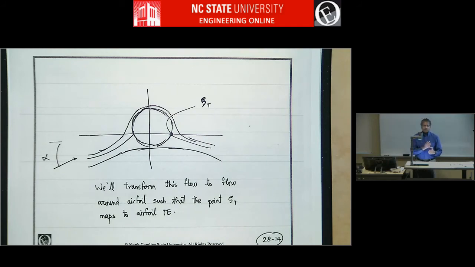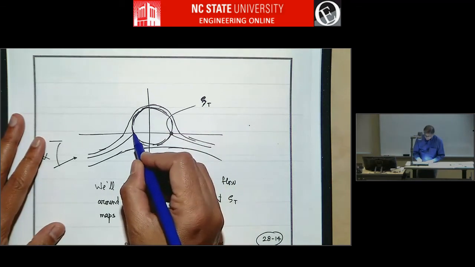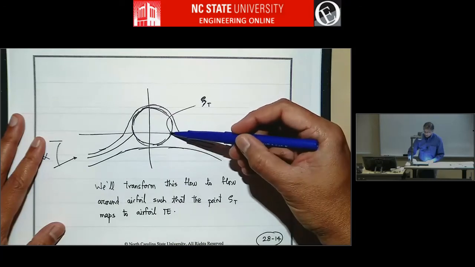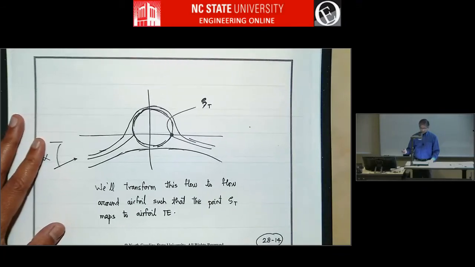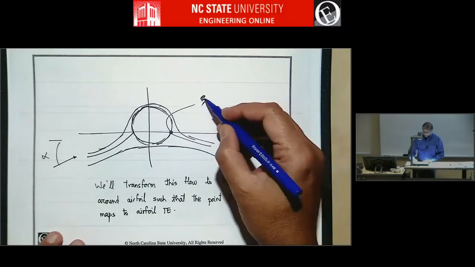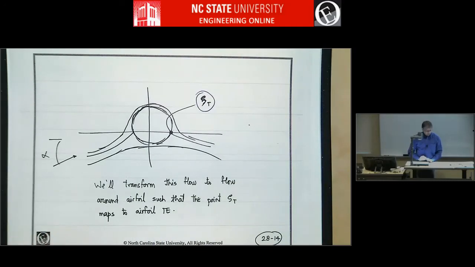It's free stream U infinity plus doublet plus vortex. And you get two stagnation points, right? The rear stagnation point is the point that will transform to the trailing edge. This point zeta of t maps to the airfoil trailing edge. Eventually, we haven't got to it yet, but these are all the things we have to do in order to make that work. That's how we're going to map the flow and get flow past an airfoil.